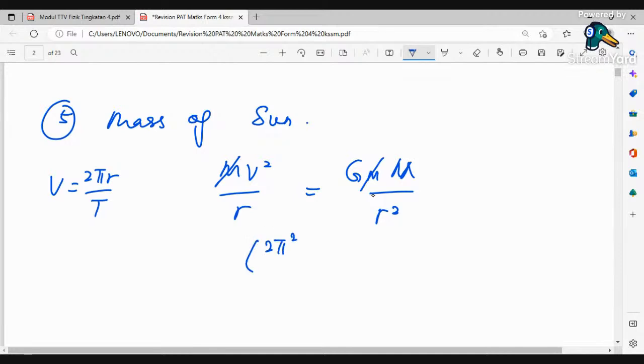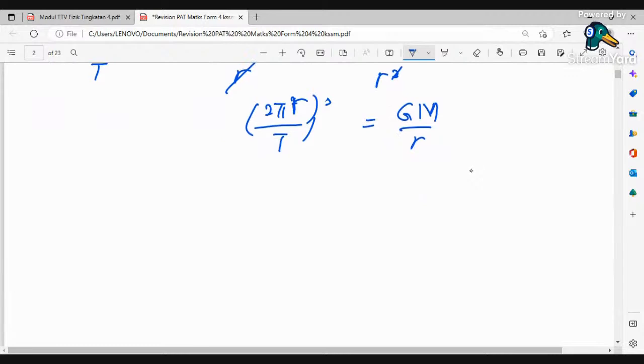So you get 2 pi r over T squared, one R cancels, equals GM.